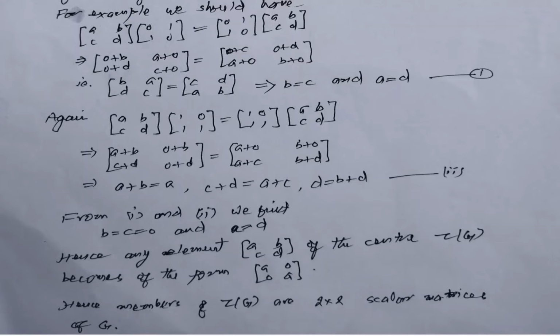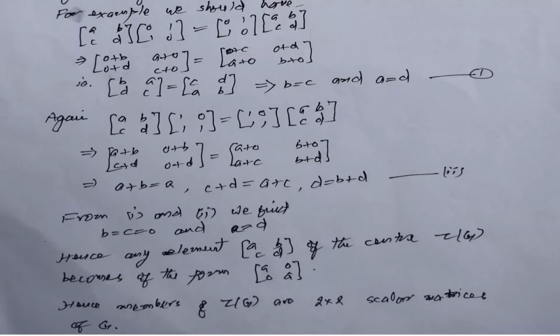Again, matrix [A, B; C, D] times matrix [1, 0; 1, 1] equals matrix [1, 0; 1, 1] times matrix [A, B; C, D], which implies matrix [A+B, B; C+D, D] equals matrix [A, B; A+C, B+D].